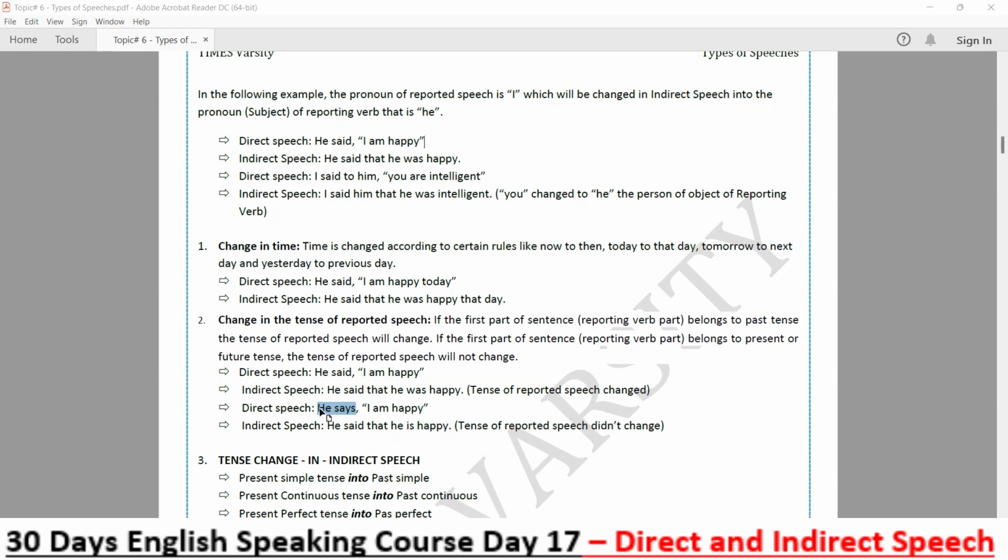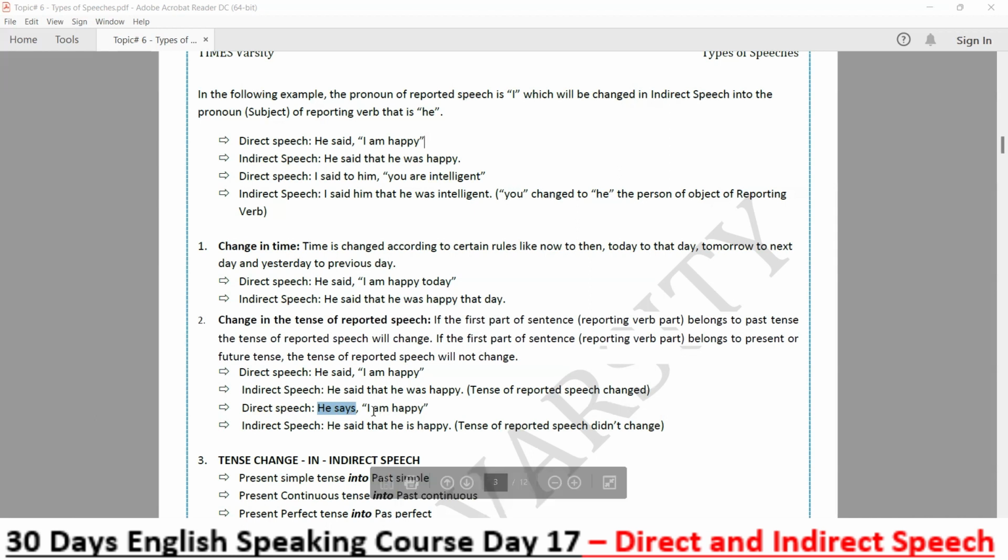If the reporting verb is in present tense, you can see here the first part of the sentence, that is the reporting verb part, belongs to present or future, the tense of reported speech will not change. Since here it is, he says, which is in present. So when we convert it into indirect, he said that he is happy.